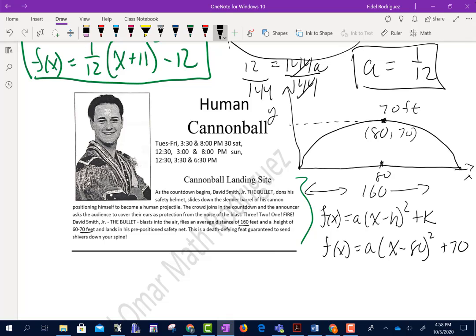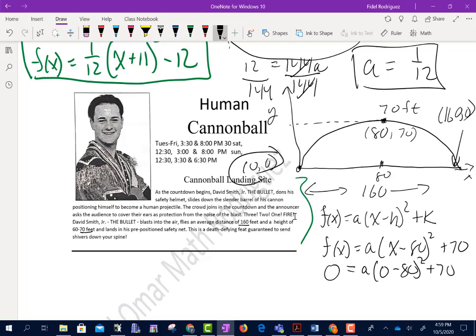Now remember, I have to find another point. Well, this point here would be the point 0, 0. And this point over here, if I wanted to use it, would be the point 160, 0. I'm going to use 0, 0 just because it's an easier number to plug in. So I'm going to put 0 equals a(0 minus 80) squared plus 70.